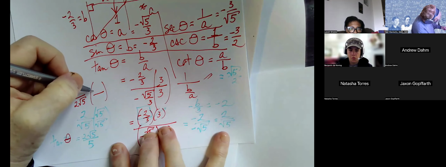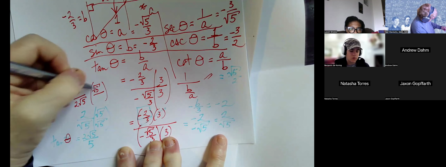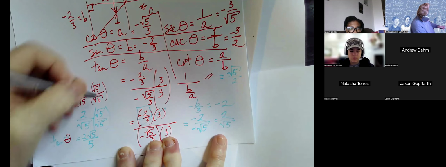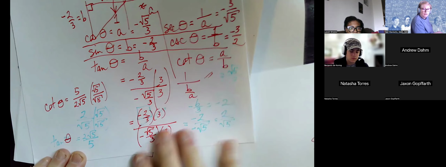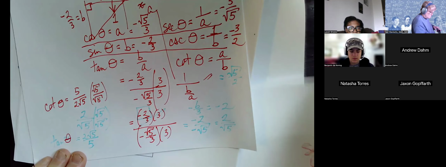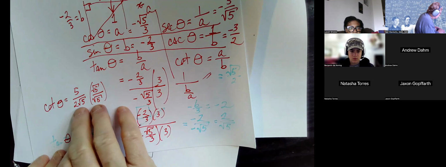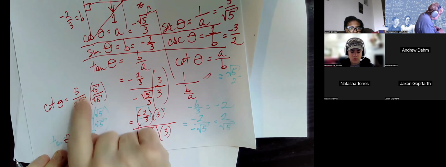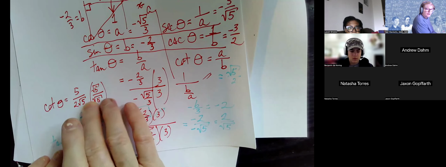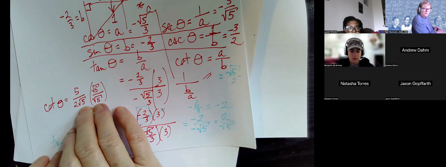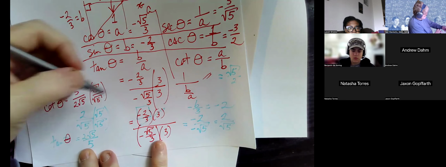Just root 5. We don't need to multiply by the 2. We can, but it will just make all of the numbers bigger. So the key thing is we want to get rid of this square root of 5. And to do that, we've got to multiply by another square root of 5. And that's why we only have to deal with the square root of 5s.